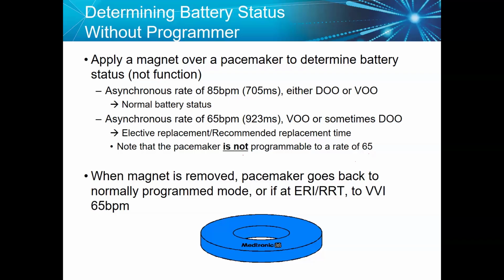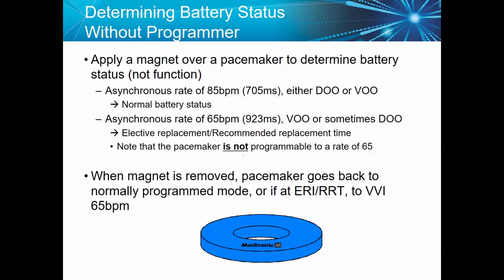In Medtronic, it gives asynchronous pacing, either DOO or VOO, at a rate of 85 beats per minute when the battery is at normal status, and at 65 when the battery is at ERI or recommended replacement time. Every company has its own magnet rate.